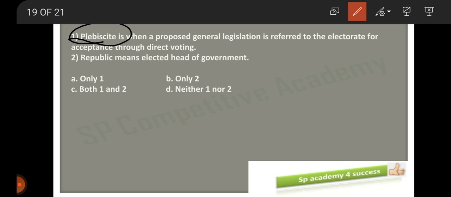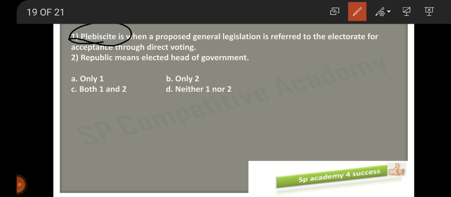Plebiscite means a method of obtaining and gathering the opinion of the people in the public. Means if you have any important matters and you require the opinion of the people, if you are obtaining the opinion of the people through some such method, then that method is called plebiscite. So plebiscite means the method of gathering information from the public.